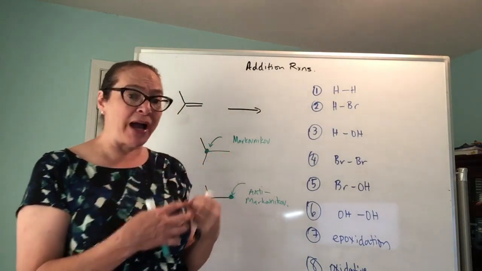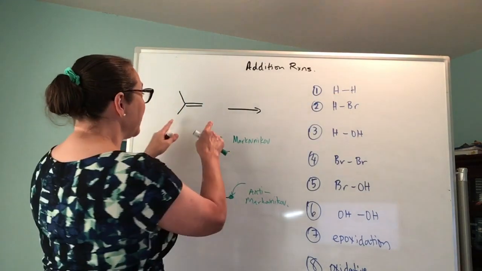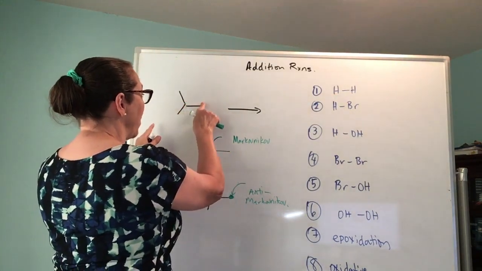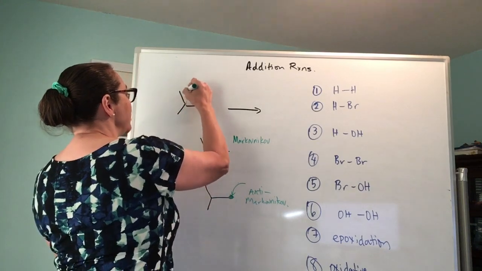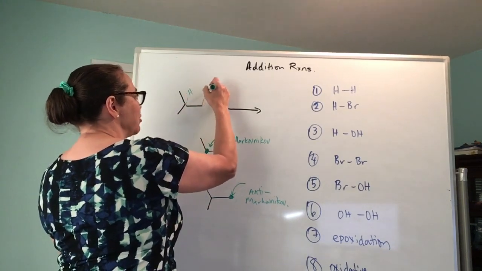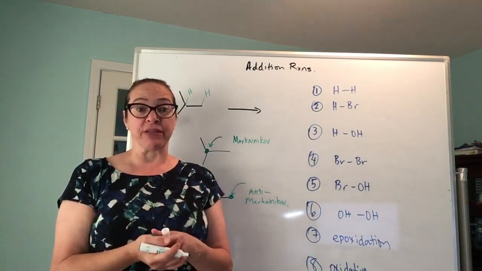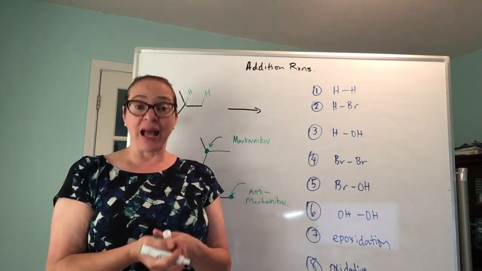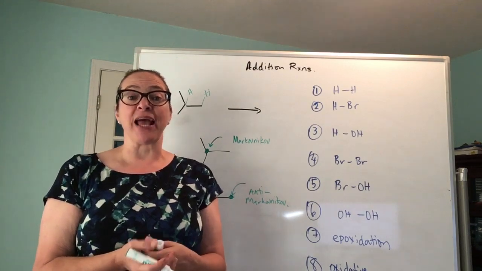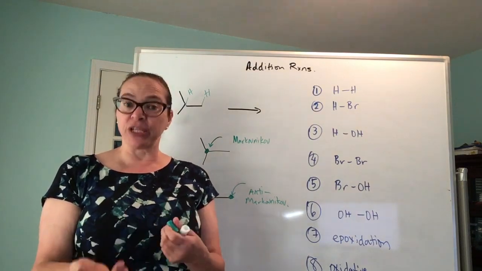If we add two hydrogens across that double bond, meaning the double bond goes away and then we add a hydrogen to this position and a hydrogen to this position, that's adding two hydrogens, one to each of the different carbons. When we add hydrogens, we refer to this reaction as a hydrogenation.